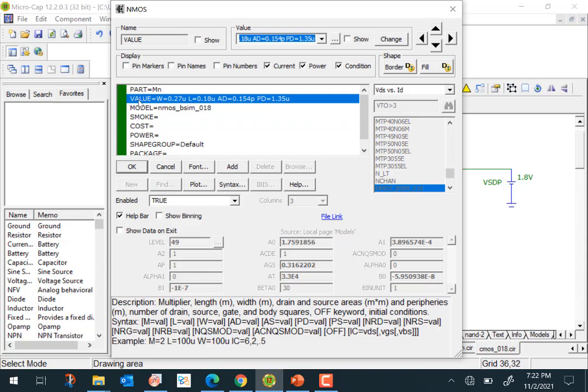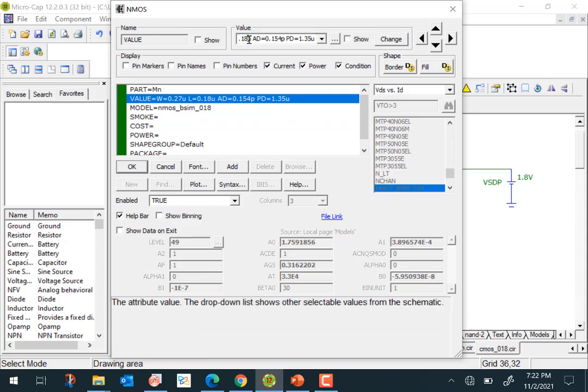So when you go to value here, for example, we can write that the width of the MOSFET is 0.27 microns. Length, we will keep fixed as it's a 180 nanometer technology. The minimum dimension that you can get is 180 nanometer, so we'll keep that fixed at L equal to 0.18 micron.